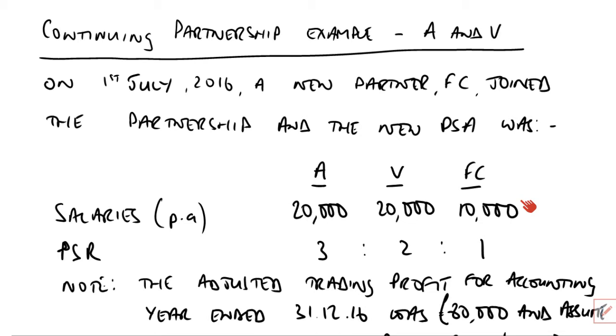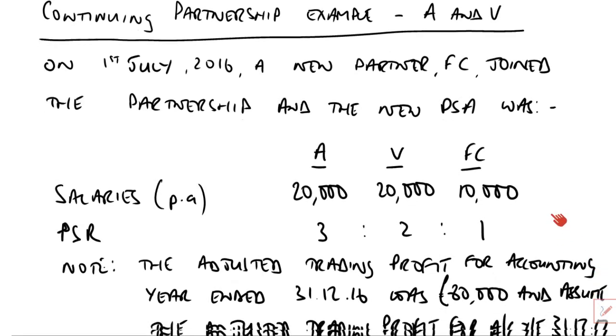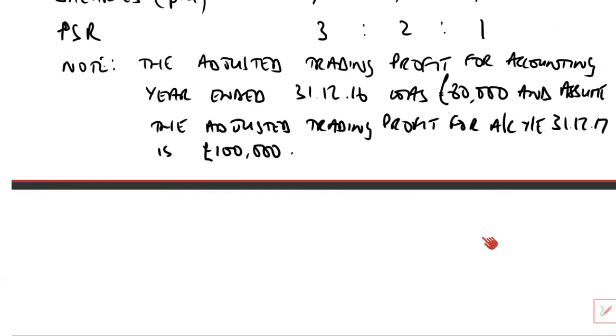Okay, now, you should know how it is that we will now present our answer. Have all the information available to you, and then we need to set up our answer now to deal with the division of the adjusted trading profit, firstly of the accounting year ended 31st of December 16.